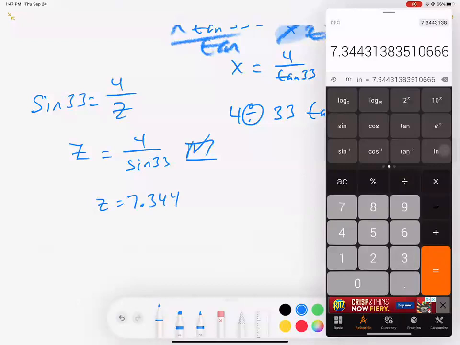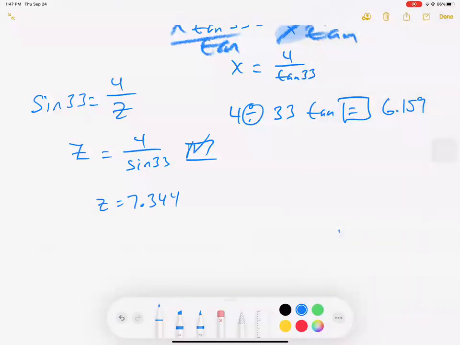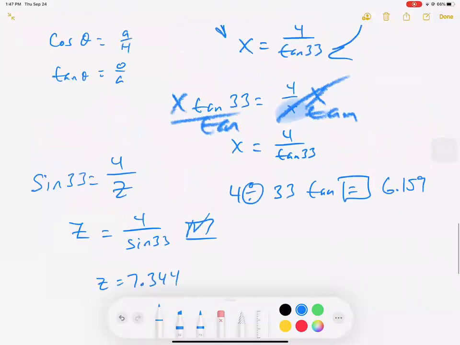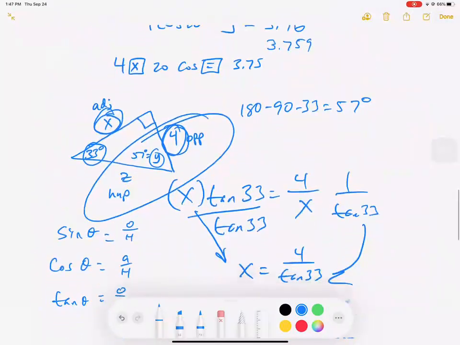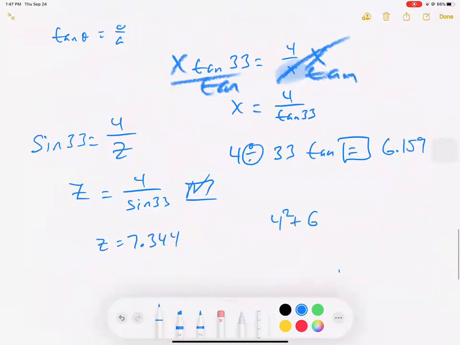And I bet that if I write this as a Pythagorean theorem, just to double check my work, it's going to work. If you want to check, 4 squared plus 6.159 squared, this will equal 7.344 squared. Pretty darn close with some decimals.